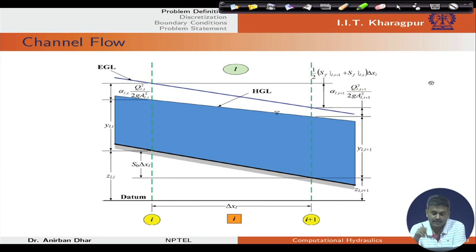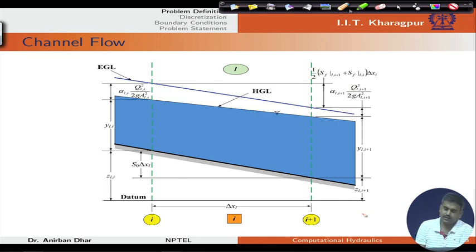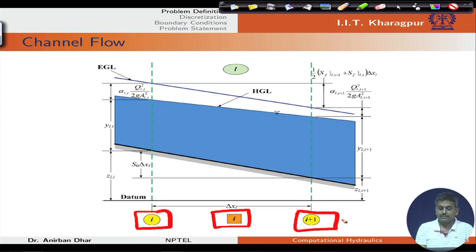Now, if we consider our general channel flow for the segment I with the sections I and I plus 1, then we can define each term in that energy expression or E. So, first of all, with respect to datum, if we consider this section I, we have elevation head.